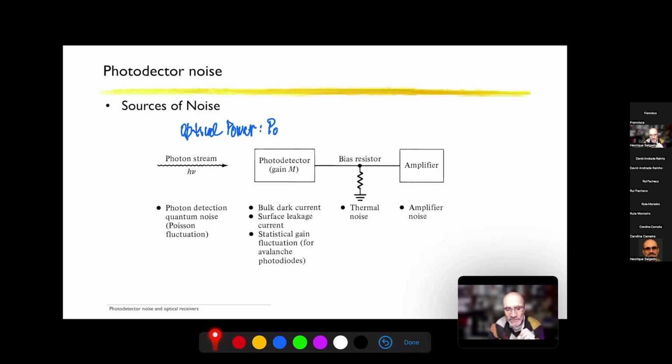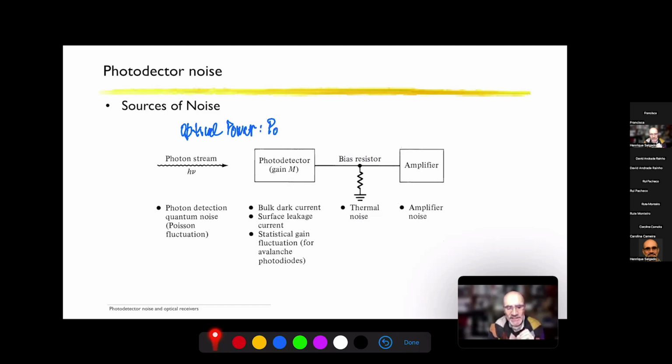And so even without incident power, there might be a small current flowing in the device, which is taken as some kind of noise generated in the detector.